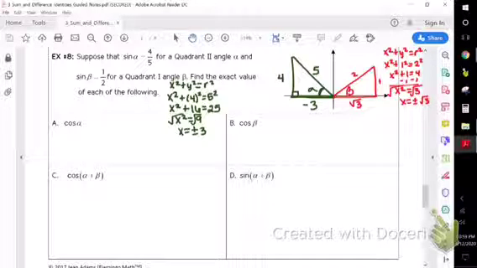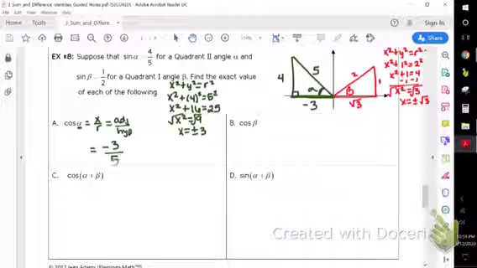Let's look at A. A asked me for cosine of alpha. Find your alpha triangle. Remember, cosine is either x over r, or adjacent over hypotenuse, whichever way you want to look at it. The way I'm going to look at it, I end up with my x value, negative 3, over r, which was 5.